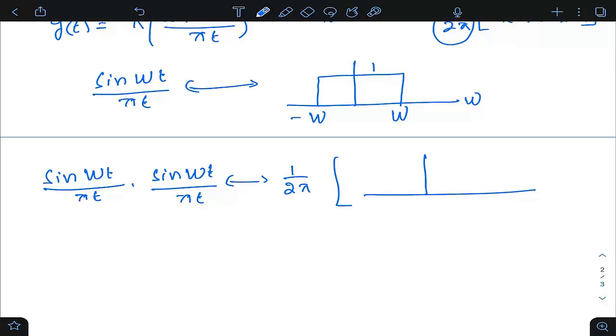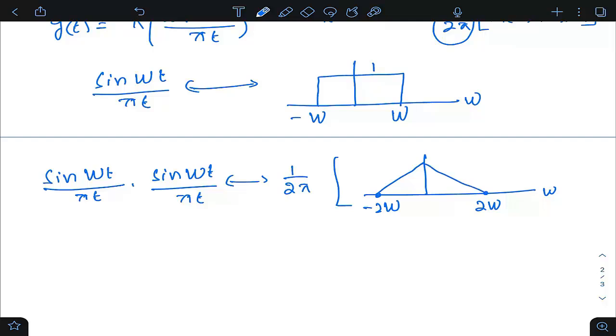So how do you draw the triangle? First you decide the limits. Here it is minus W plus minus W, which is minus 2W, and similarly W plus W is 2W. This is the omega axis, and this is how the Fourier transform will look.